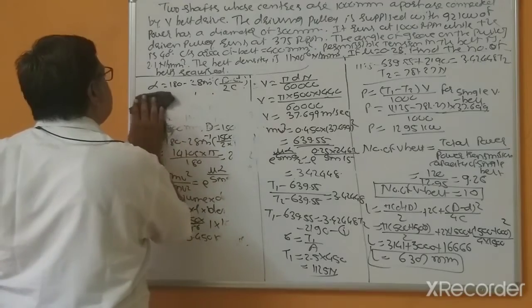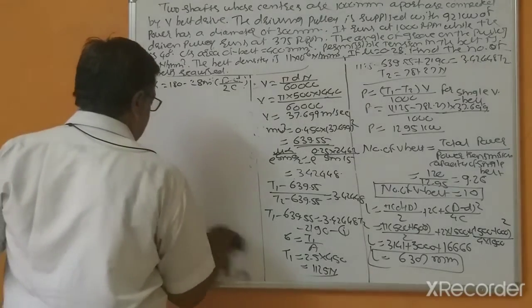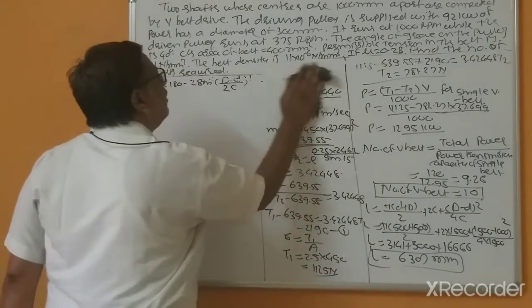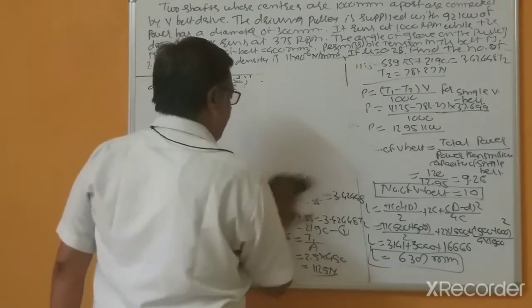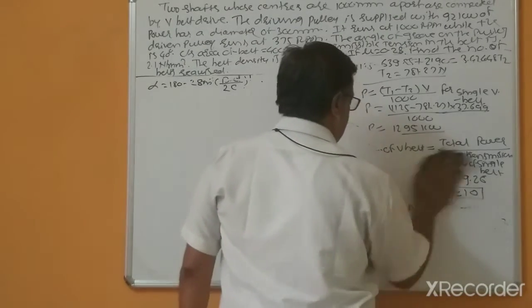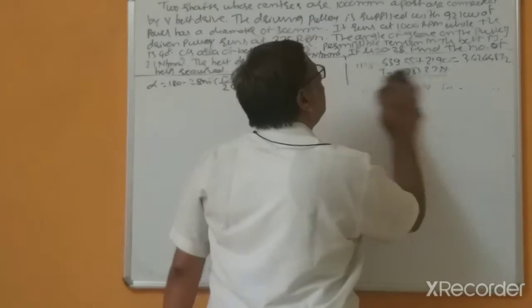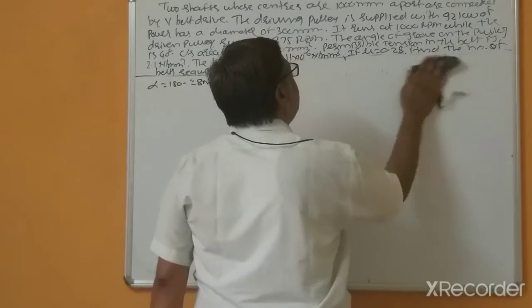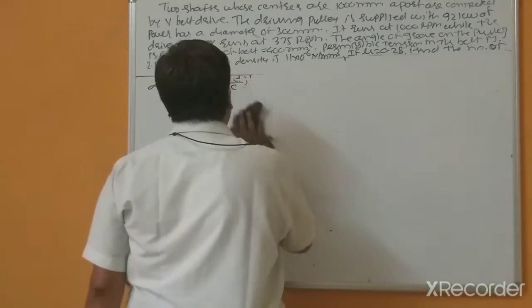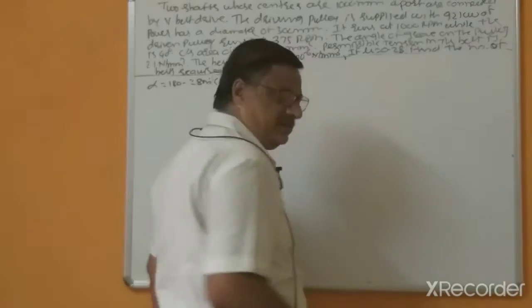So in these problems, diameter is given, so there is no need to assume the diameter. Only in the previous problems, the number of V belts and the length of the belt were asked. So this problem is simple.